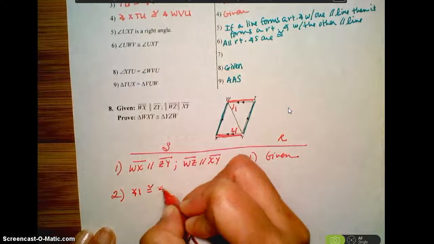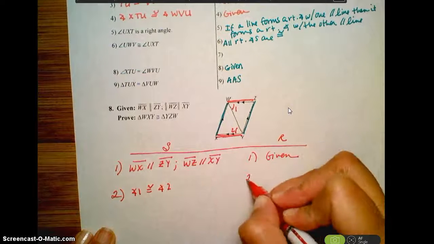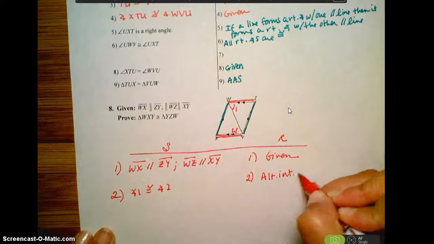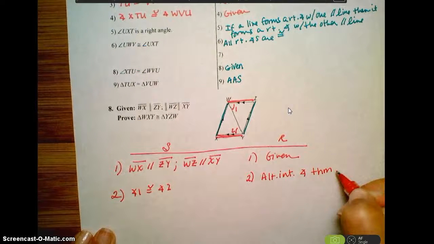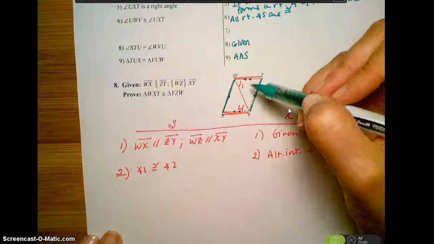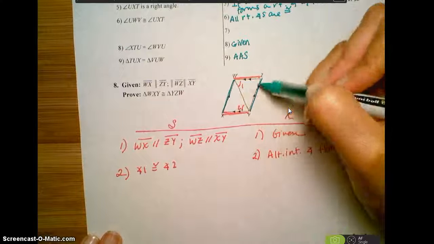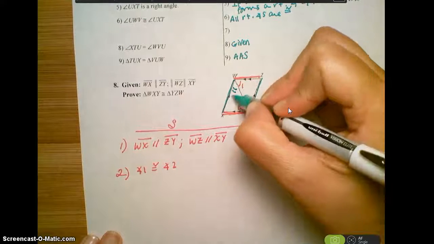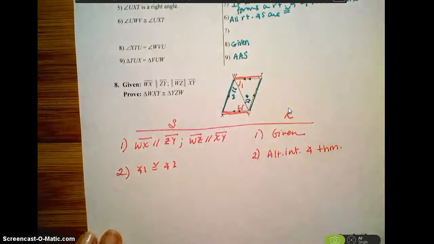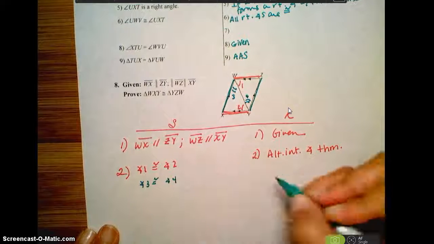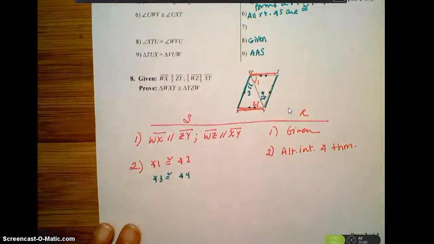Angle 1 is congruent to angle 2, and my reason will be alternate interior angle theorem. Now, by the same theorem, but using the green parallel lines, you should also see a second Z, which will make this angle congruent to this one, and let's call those angle 3 and angle 4. So angle 3 is congruent to angle 4 for the same reason.